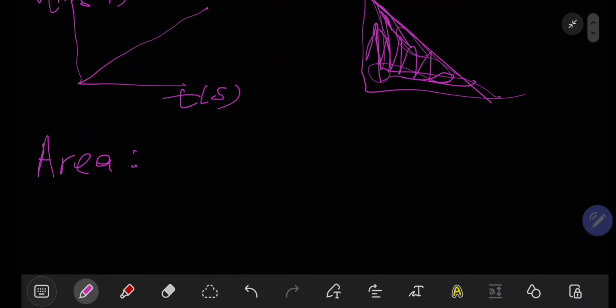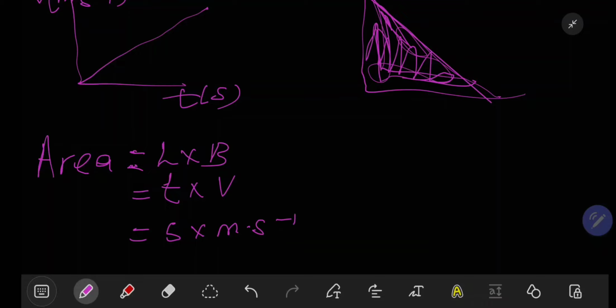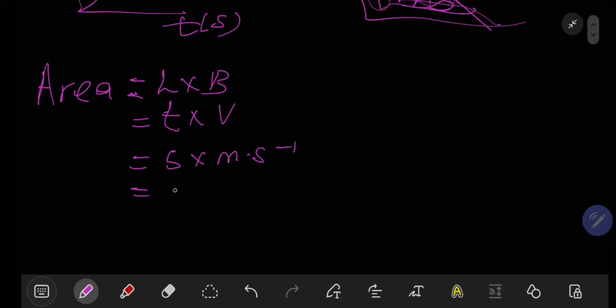So we want the area of a rectangle, then we're going to have length multiplied by breadth, which is equal to our length, which can be time, multiplied by the velocity. Time is measured in seconds, and we multiply that by meters per second. When we rewrite this, we're going to have meters per second multiplied by second.